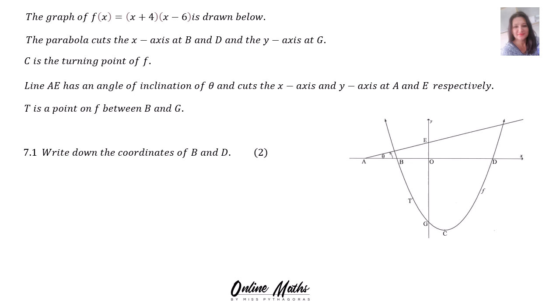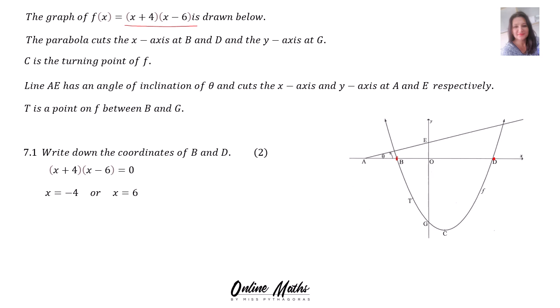So what is happening at B and D? These are your two x-intercepts. And what's the rule? X-intercepts make y 0. But in this case, you were very lucky because they already factorized it for you. So you simply take those two factors, you equate them to 0, you solve for x, you get x is -4 and you get x is 6.